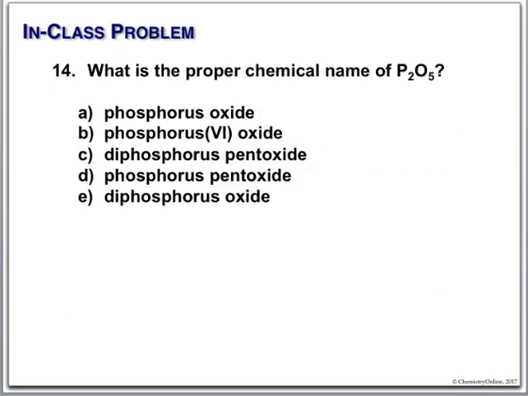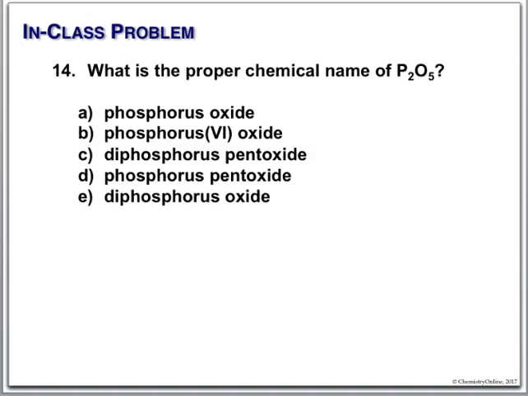Here we go with nomenclature. We have P2O5. Remember, we have two groups of compounds that we deal with, molecular and ionic. An ionic compound will contain a metal. So remember, these are metals. A molecular compound will not contain a metal, only nonmetals and semimetals.